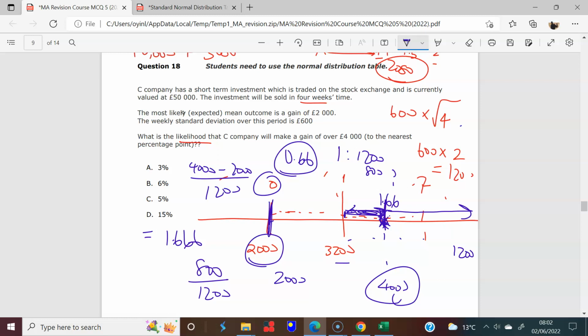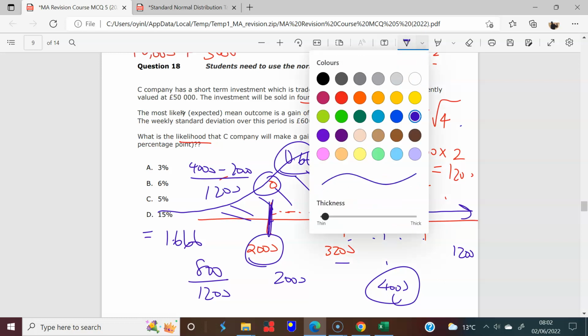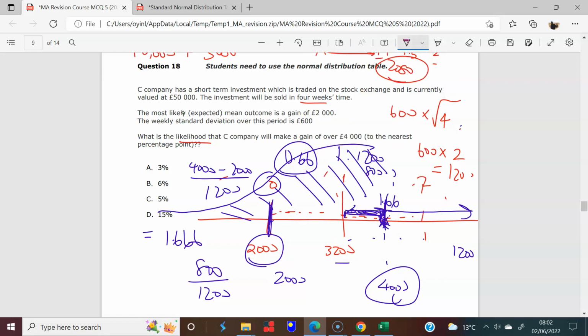And I know that if I can find this area, everything up to here, which is what my Z tables will find me, then the question is saying, what is the likelihood that you'll make a gain of over 4,000? Because the question is asking what's the chance of you having even higher gains. Remember, we're going up: 3,000, 4,000, 5,000.